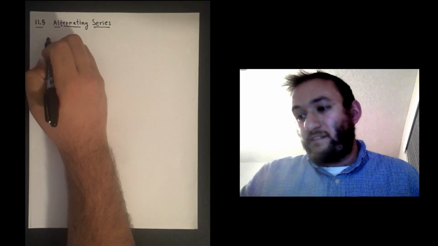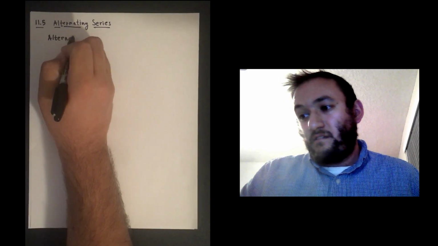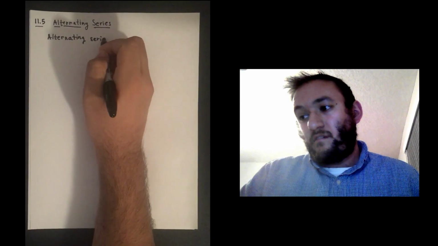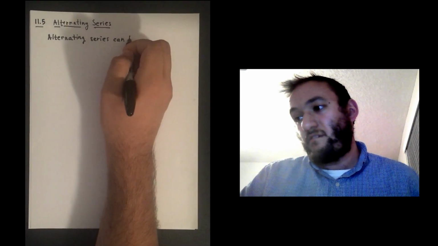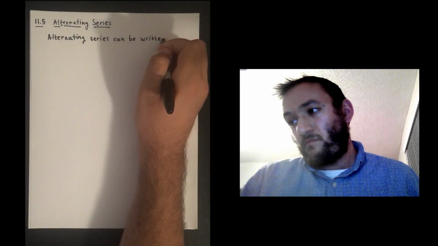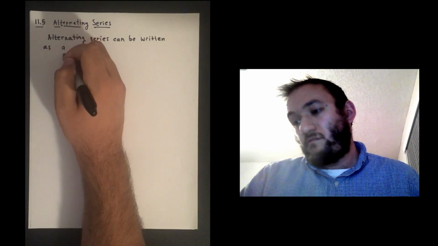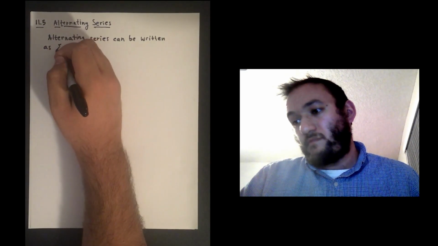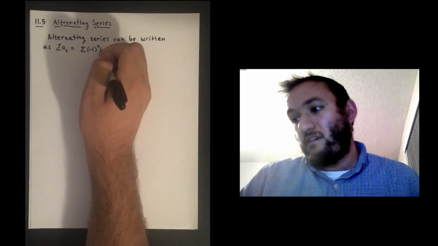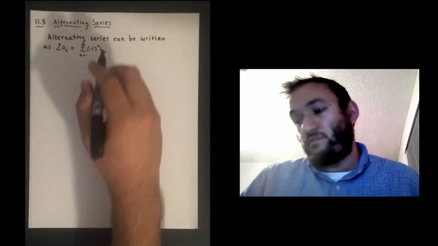So an alternating series can be written as the sum of a_n, which is really the sum of (-1)^n b_n, where n goes from 1 to infinity.